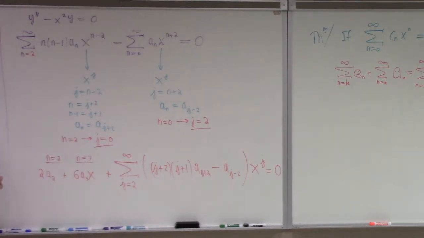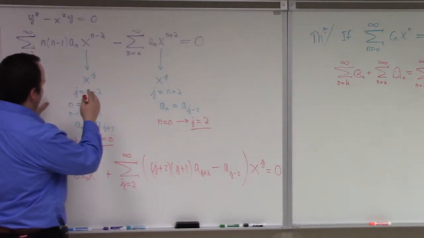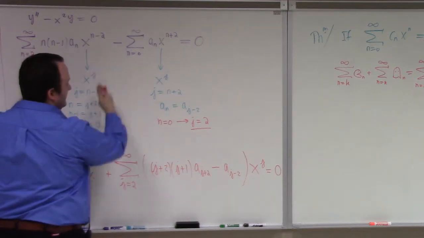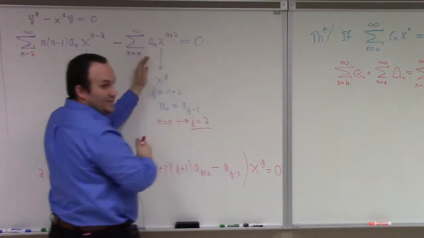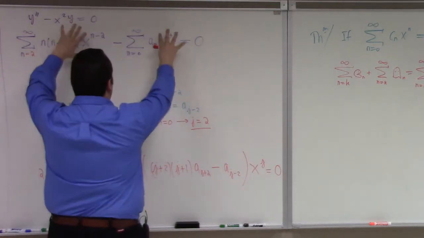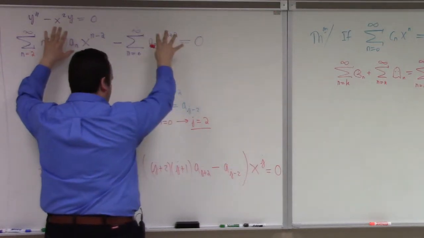But no. I said j is n minus 2 here. J is n plus 2 over here. I'm not applying both of these rules to the same expression. I'm applying them to separate expressions.